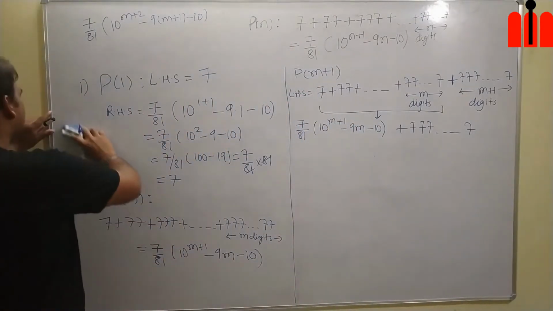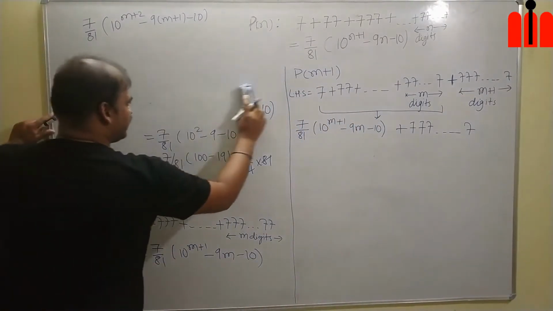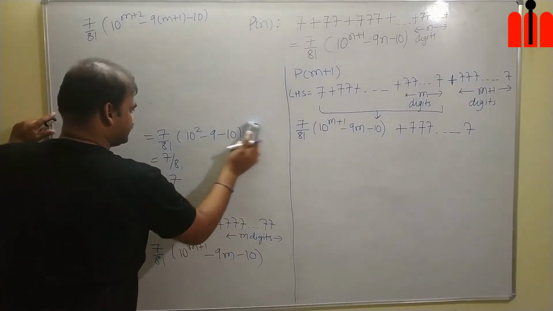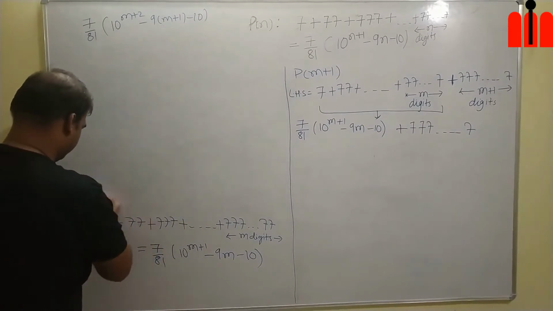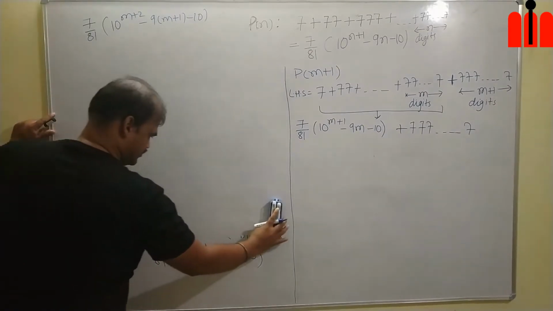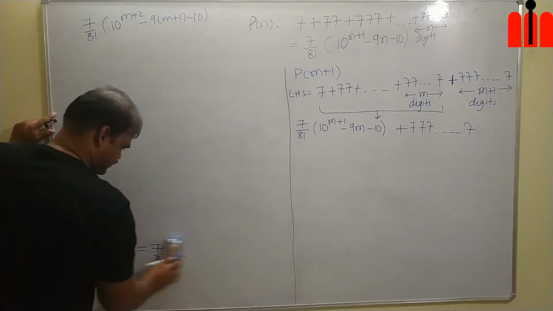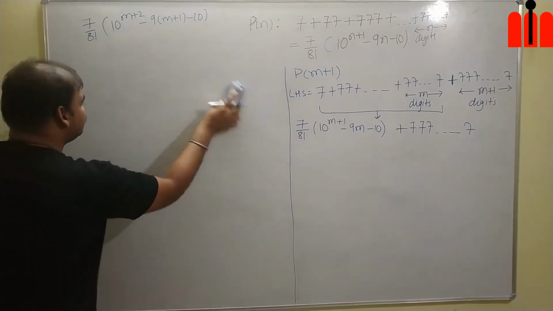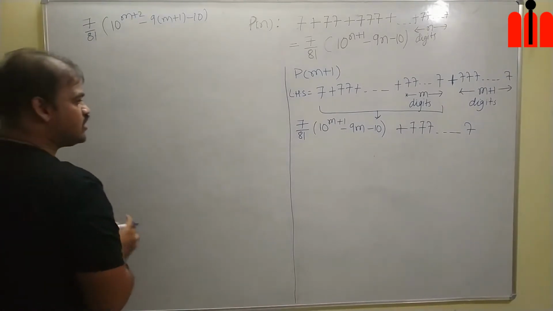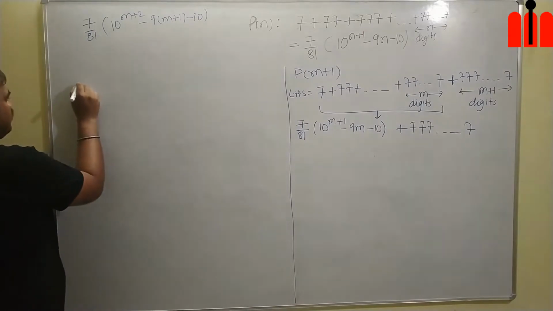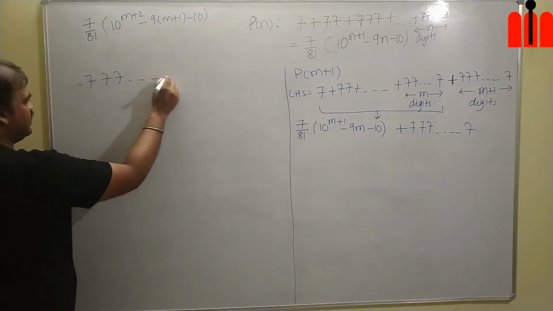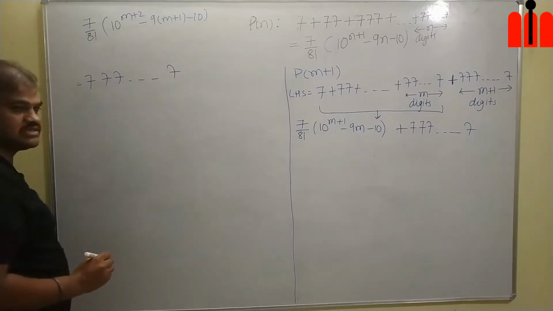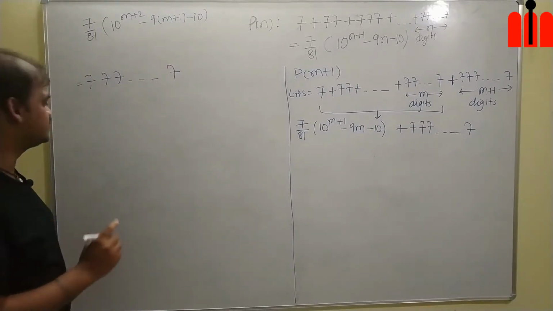Now let's see what we will solve. So what we had written over there, 7, 7, 7 like that up to 7, this is m plus 1 digits.